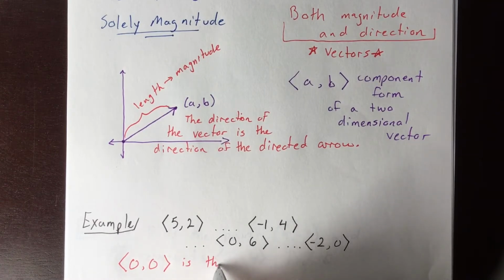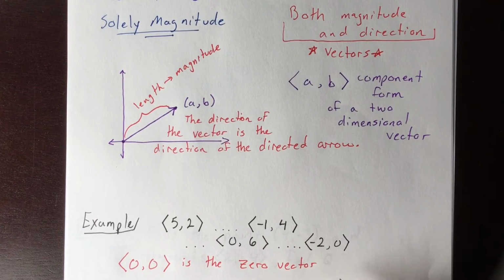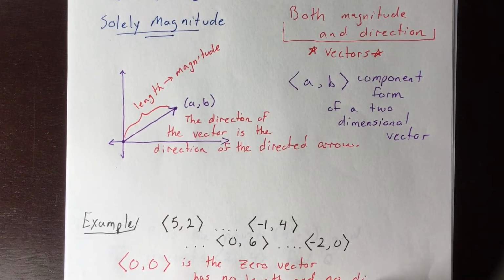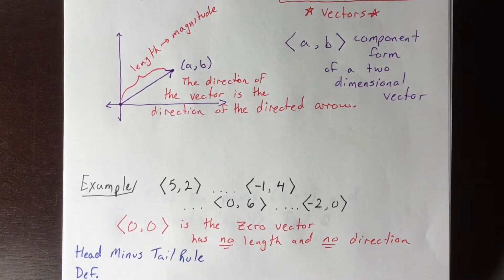This is the 0 vector. Okay? The 0 vector has no length and no direction. So that's something important for us to know.